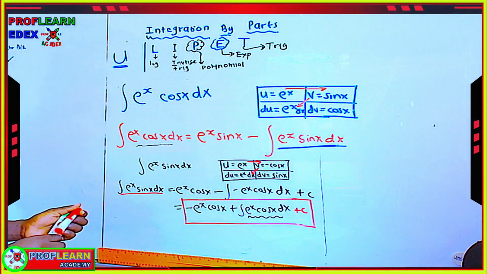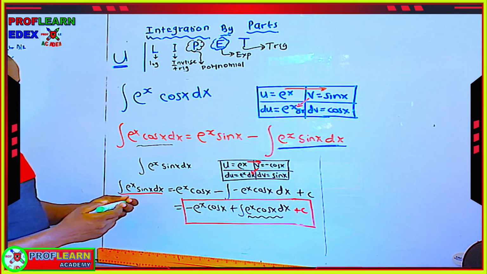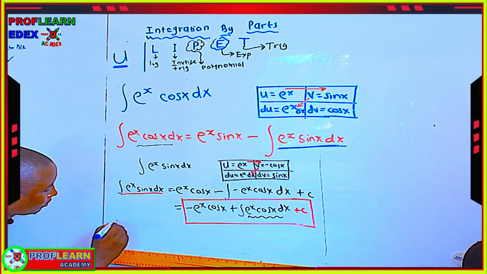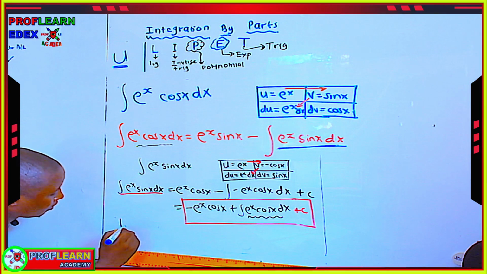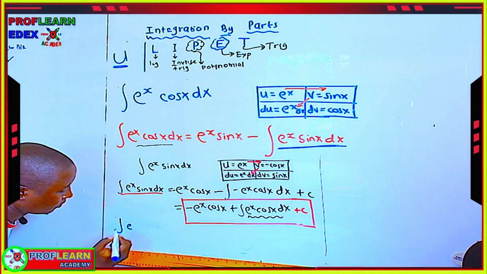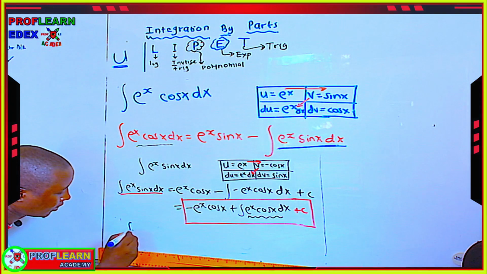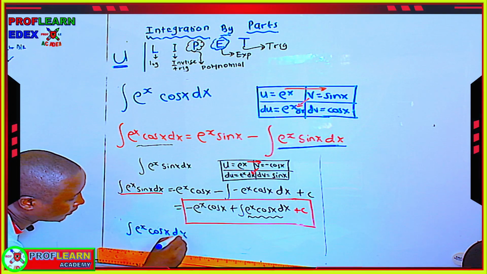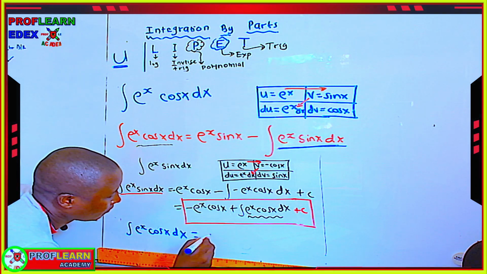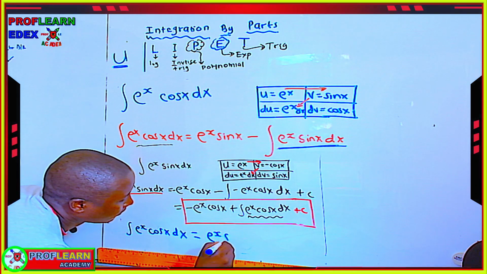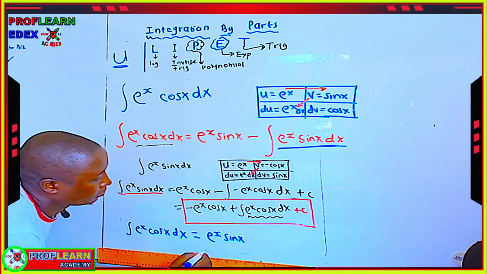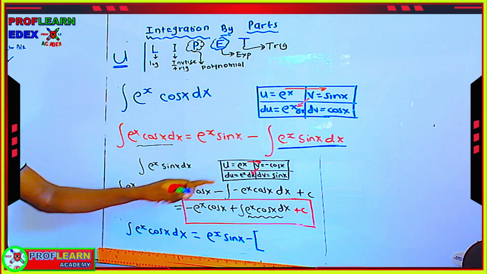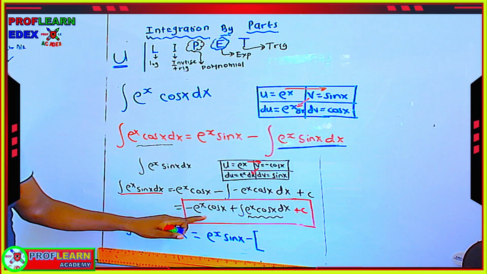So which will mean that this is going to reduce to the integral of e^x cos x dx is going to be equal to e^x sin x minus, in bracket, this part that we have here became this.